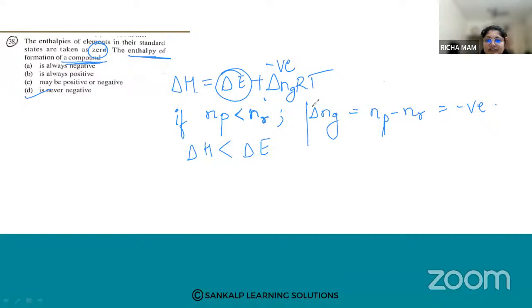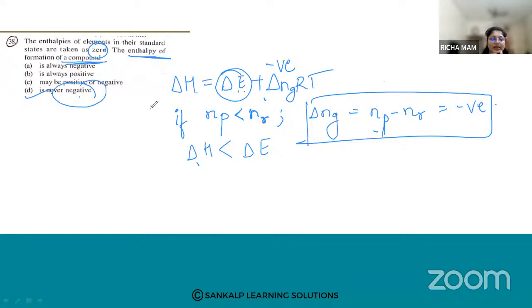If this is negative, your delta H should be less than your delta E. So it is never negative. So the enthalpy of formation of a compound will never be negative. Yes, option D is the answer.